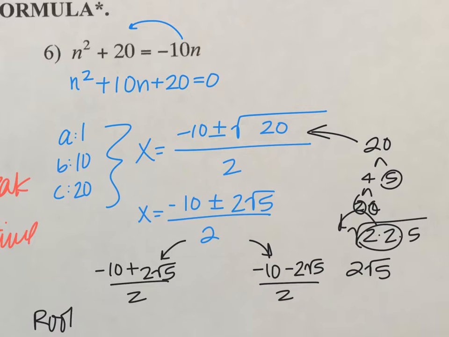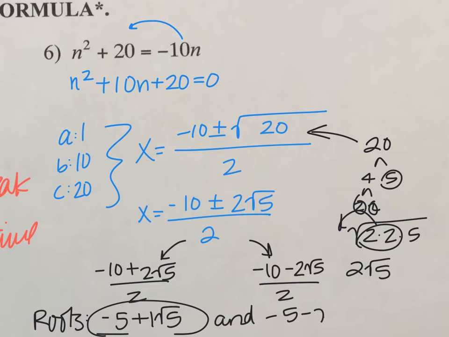So my roots are going to be -5 plus 1 square root 5. You could put over 1 if you want to. All right, that's one root. And my other root is -5 minus 1 square root 5 all over 1.